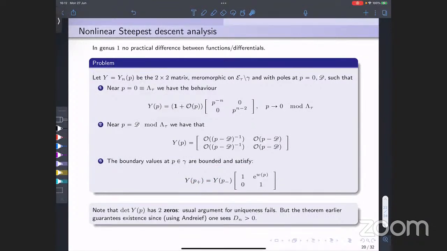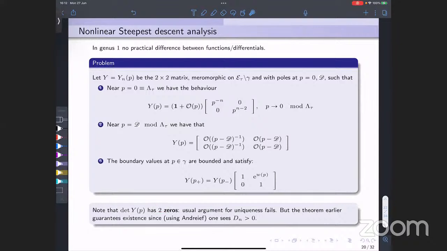Note this n and n-2, precisely because of the index issue. Then there is the extra divisor; here the genus is 1, so there are only 2 zeros for the determinant.